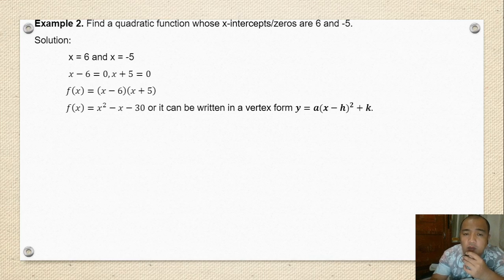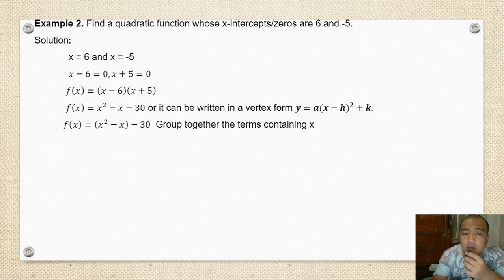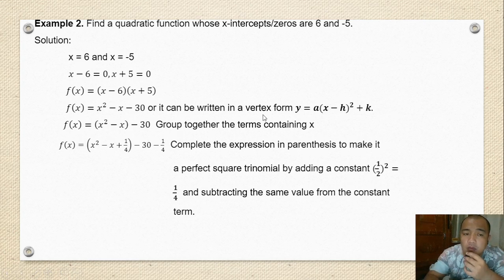Or if we want to rewrite this in its vertex form, y equals a times quantity x minus h squared plus k, then by completing the square, group together terms containing x. Then divide the coefficient of x, which is 1, by 2, 1/2, then square 1/2, so 1/4. So I will add 1/4 here to x squared minus x, and then subtract 1/4 from negative 30.